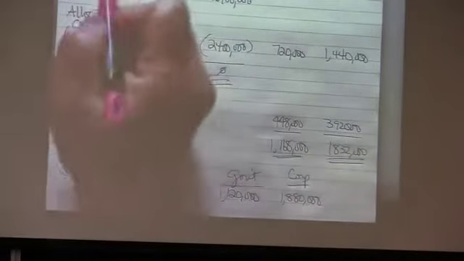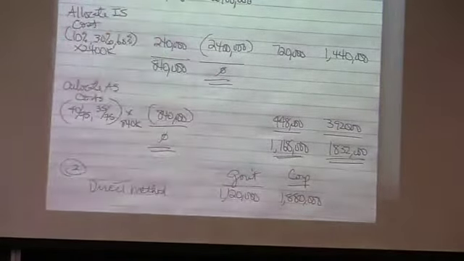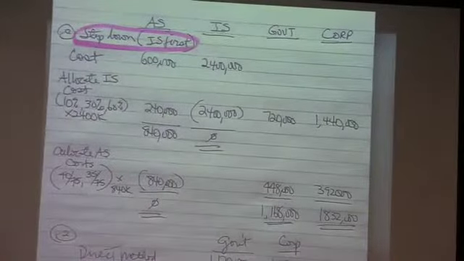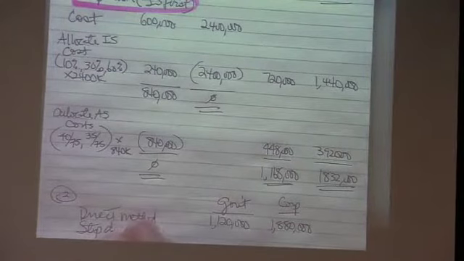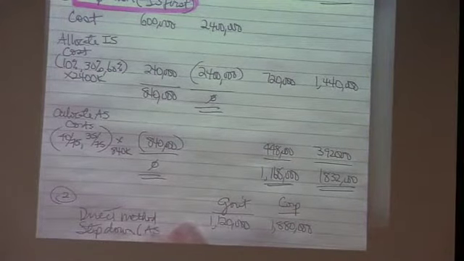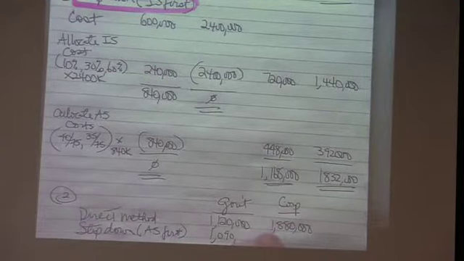Let me just highlight this. Make sure that we know that that is for a different method. And this is step down. AS first, 1,090,000.